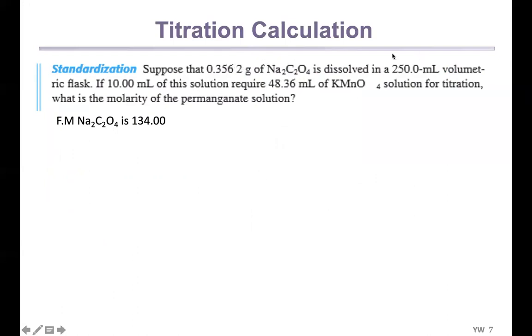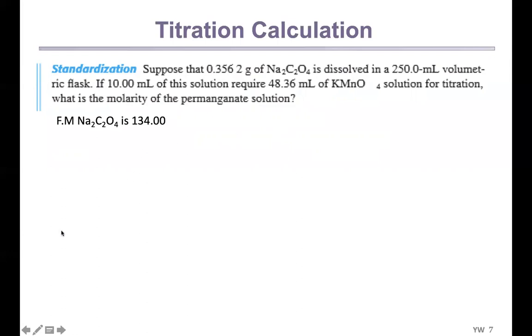We use this and dissolve in a 250 milliliter volumetric flask. And if 10 milliliter of this solution requires 48.36 milliliter of permanganate solution for titration, what is the molarity of the permanganate solution? Okay.